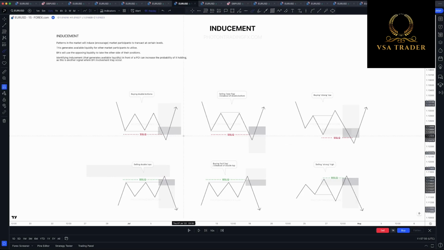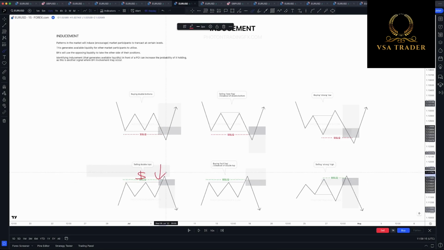So again, what are we doing here? The institutions need opposing liquidity to fill their orders. So if you look for these patterns to appear in areas of your chart where you're expecting a certain direction to play out, i.e., if you identify a high probability supply zone and you start to see structural highs form in front of it, then we know there is buy side liquidity for the big guys to sell against.